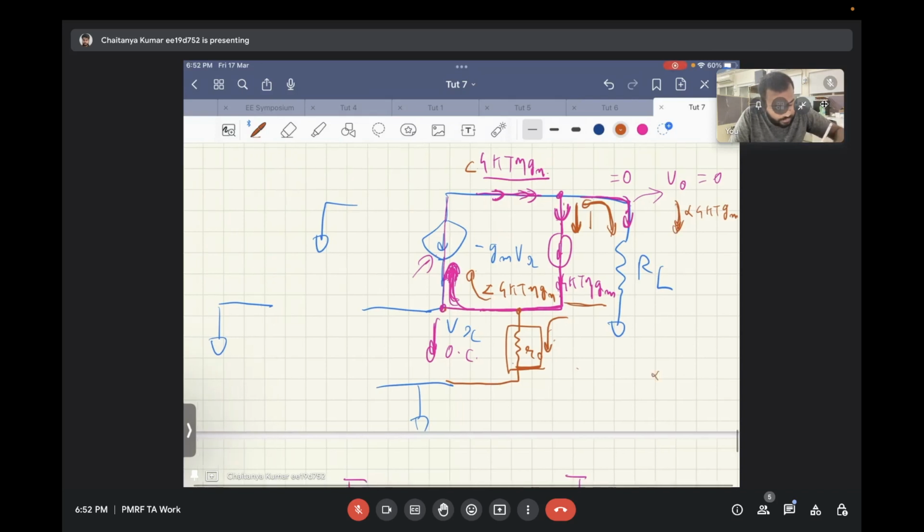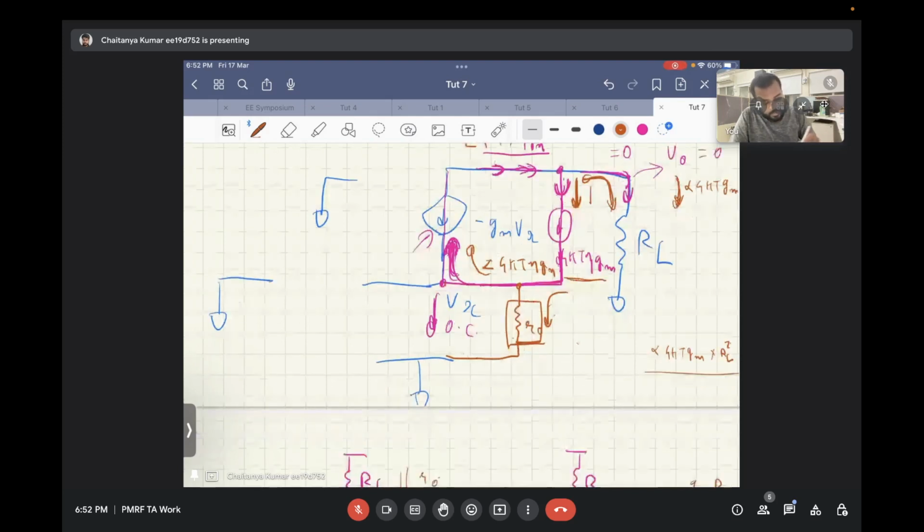The voltage developed at this will be some alpha times 4 kT times RL squared. And if we see the input referred noise of this complete circuit, this will be divided by the GM of the input transistor, let's say we call it GMI whole square.